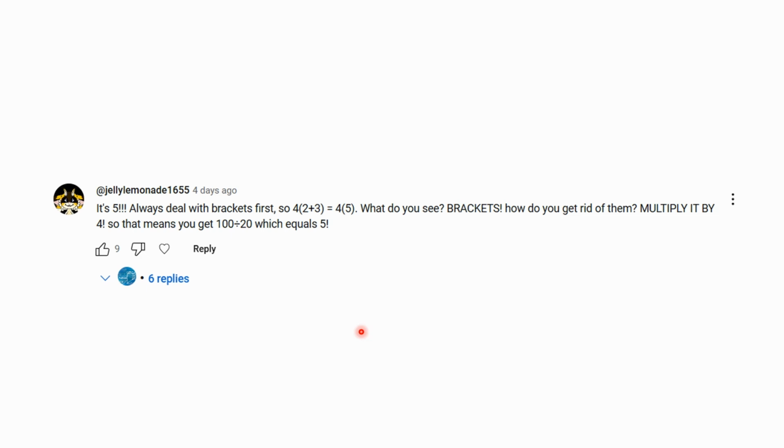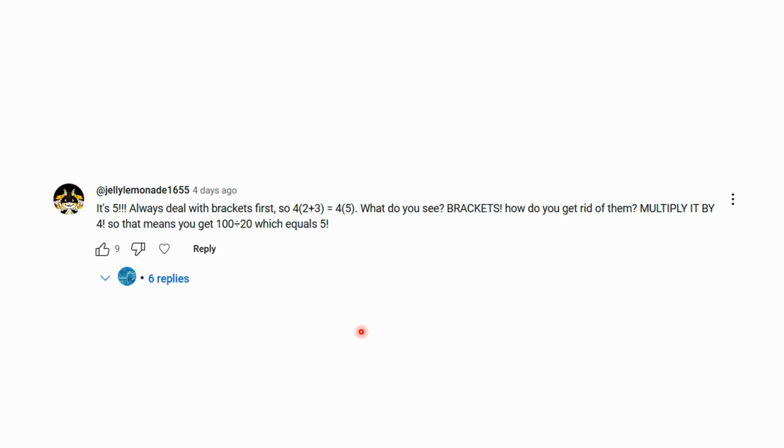One person came back and said that it's 5, always deal with brackets first. So 4 times 2 plus 3 is 4 times 5. Well, yeah, that is true, but you have to remember there's 100 divided by 4 in the problem. So somebody could just as easily look at the coefficient outside of the parentheses as the 100 divided by 4. But we're going to get into that more as we go.